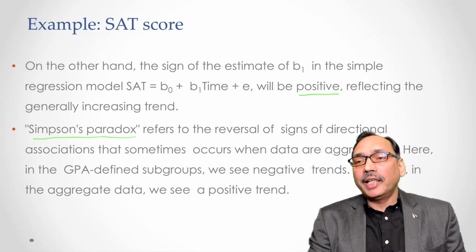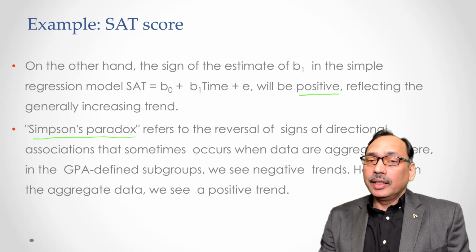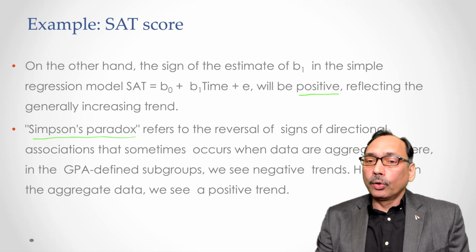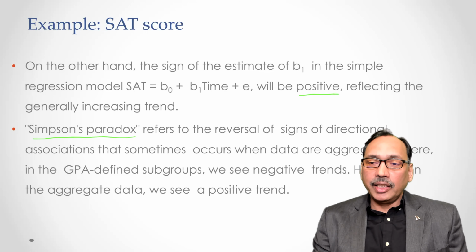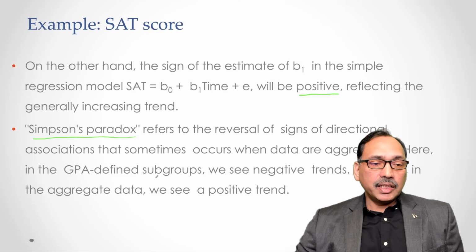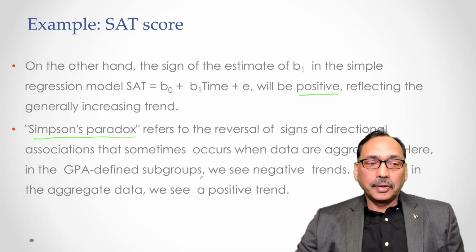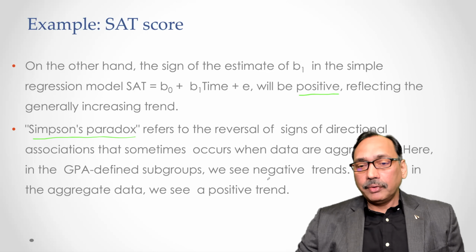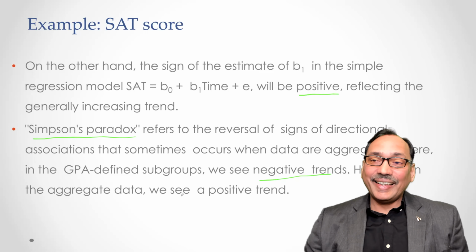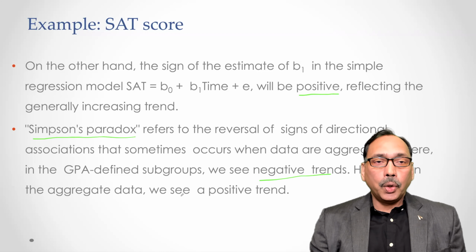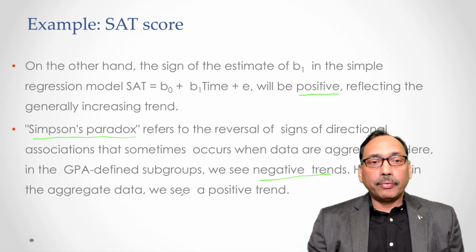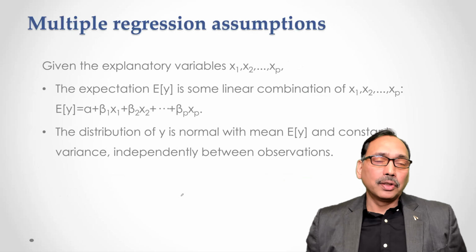If you group everything together, if you don't differentiate between GPA of 1, 2, 3, or 4, you may miss the point that there could be a negative relation. So here the GPA-defined subgroups show negative trends. However, in the aggregated data, we see a positive trend. This is what explains a situation where the sign of the estimate of a coefficient, or one of the betas, can change when you include or exclude a variable.